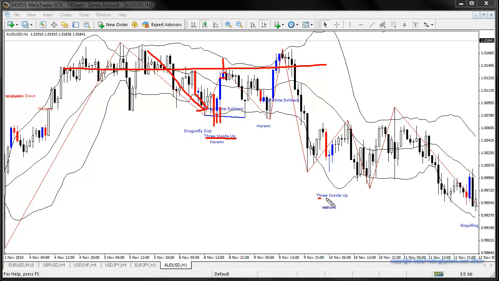Here we've got another Three-Inside Up. Funny enough, this one also looks like a morning star, the bullish morning star. They're very, very similar. In any case, this is also a Three-Inside Up, and you just need to make sure the body is inside the real body of the first candle, plus the high is inside the first candle as well, and the second one's body and high is also higher.